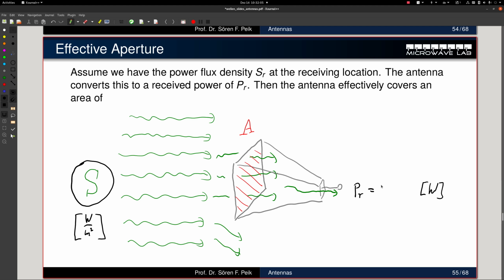We can say P_R is power flux density S incident times my area A. This area A is not necessarily the real area. It's a so-called effective area. That's why we call it A_E, or sometimes also known as the effective aperture.